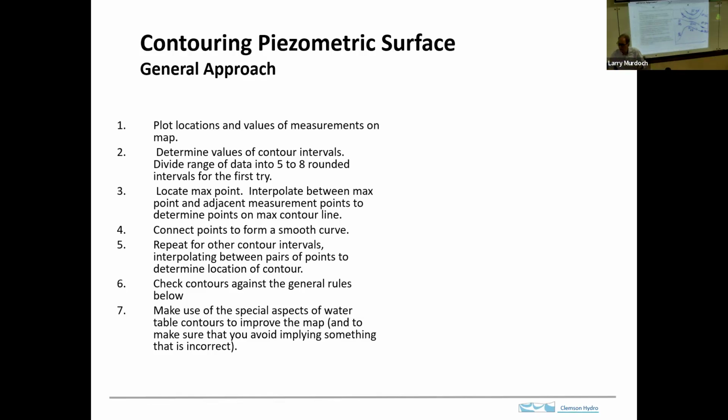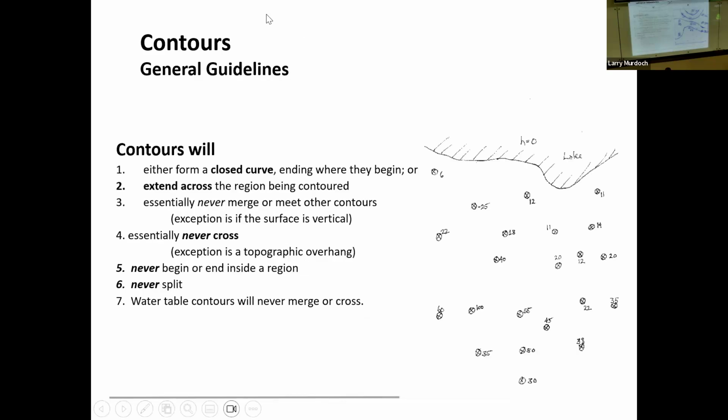So you could have a closed contour. That's fine. But what it isn't going to do is this. It's not going to just end. Can't do that. And you can't have it split. Those are just basic rules of contouring.